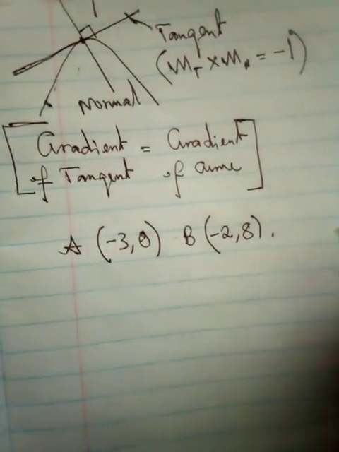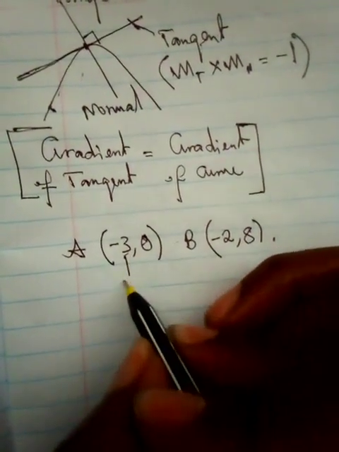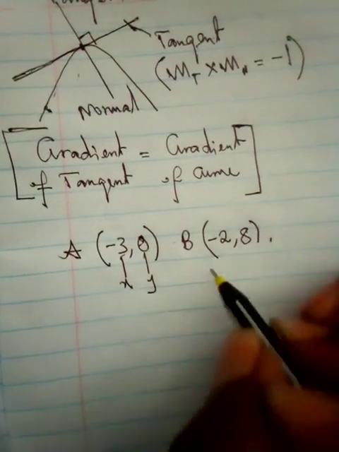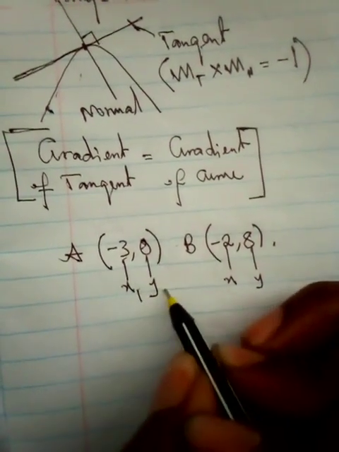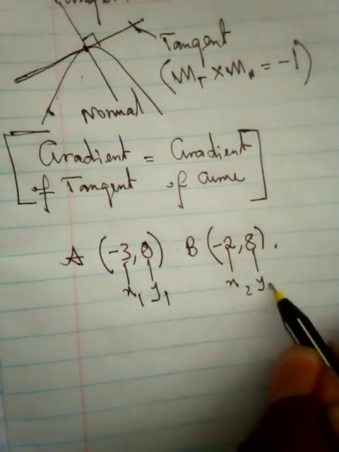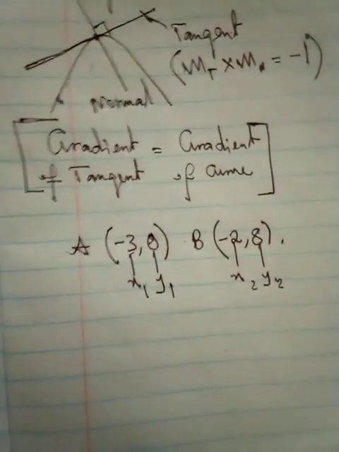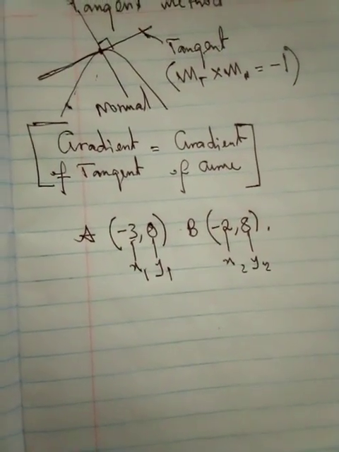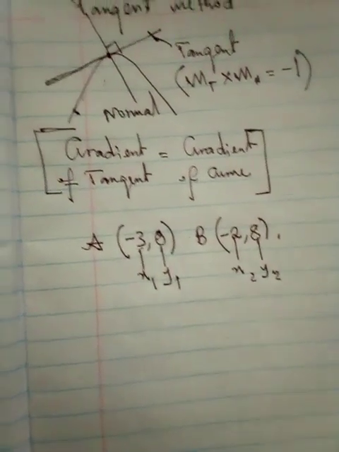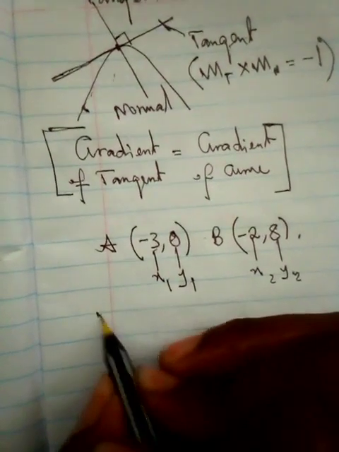How are we going to determine our gradient? This is your x, this is your y, this is your x, this is your y: x1, y1, x2, y2. Remember every coordinate always starts with an x value and then the y value. Now let me show you something.